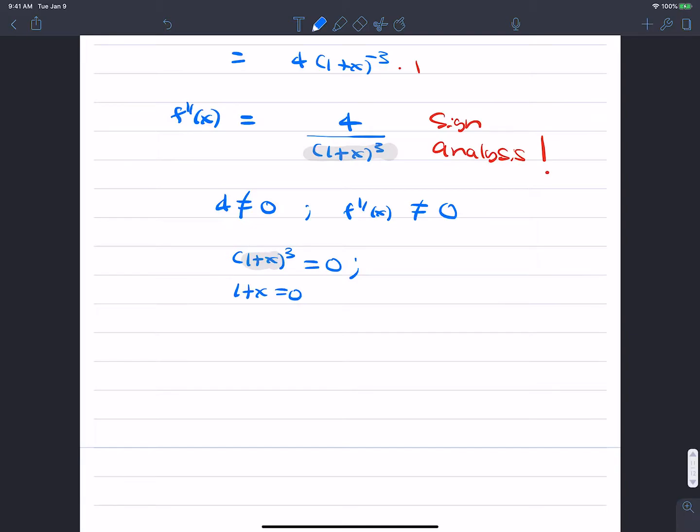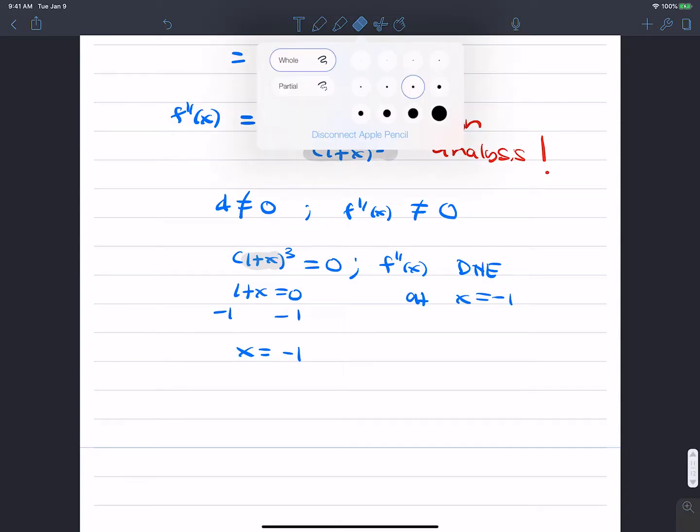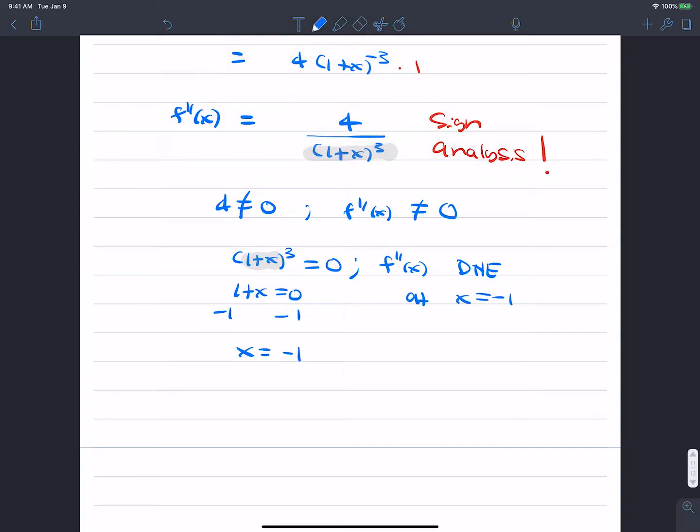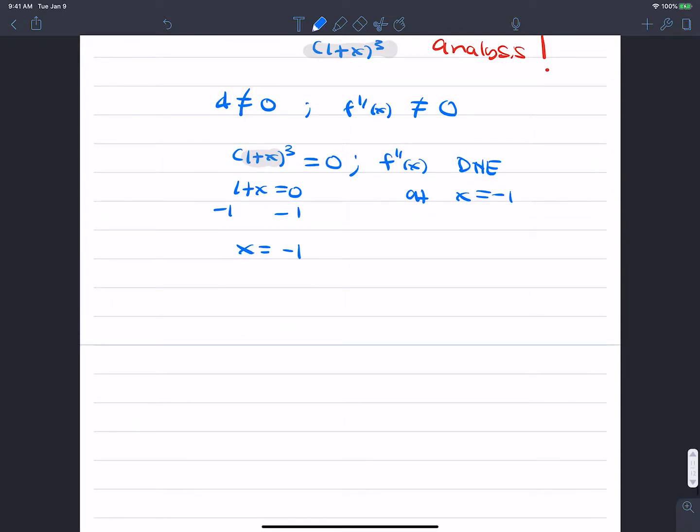That's the only way that happens. I could subtract 1, and now I get x is -1 here. So I know my second derivative is undefined or does not exist, right? At what value? X is -1. So in terms of sign analysis, that's very useful.